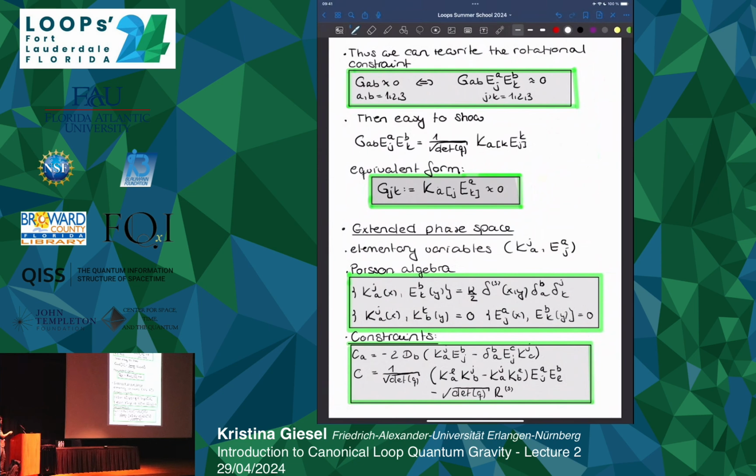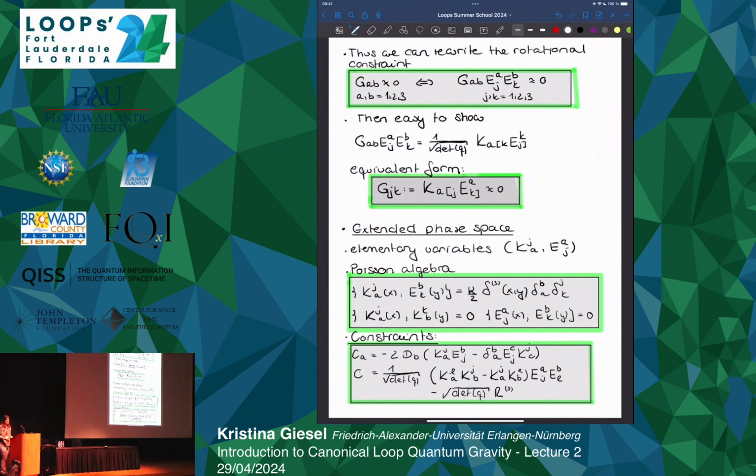Now, given this, we can express the right-hand side in terms of these independent one-form KAK, contracted with the densitized triad, and rewrite the rotational constraint in terms of the variables that we want to use, namely the densitized triad and the other independent one-form KAJ.